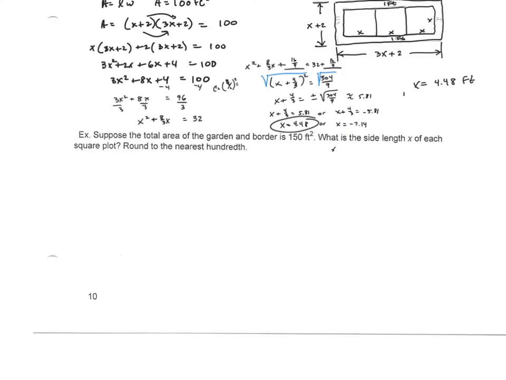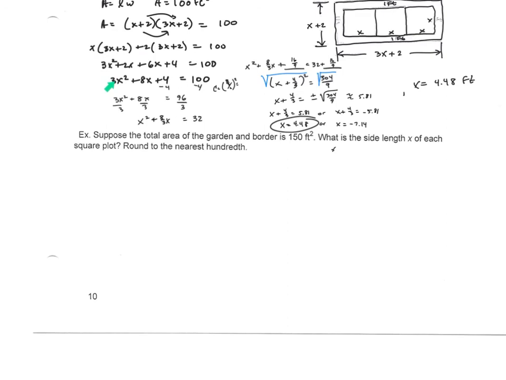Now, if we continue on, it says, suppose that the total area of the garden and border is 150 feet squared. Well, what is the side length x of each square plot? You should be able to see that all of this other stuff is set up the same, except that instead of our area equal to 100, it's going to be 150.